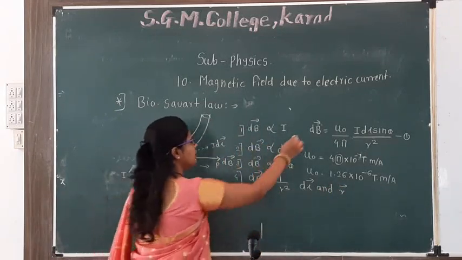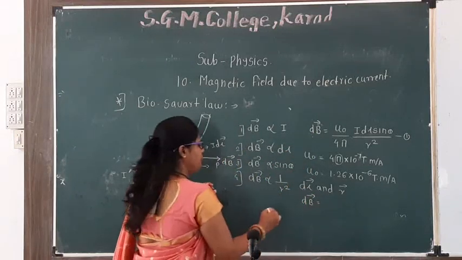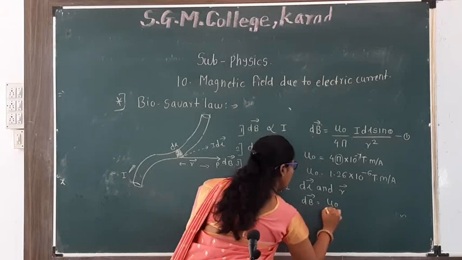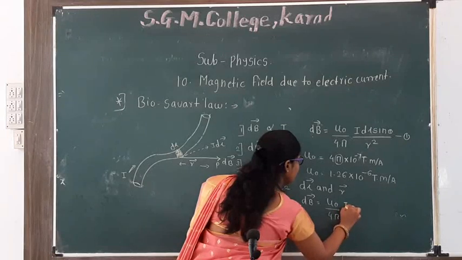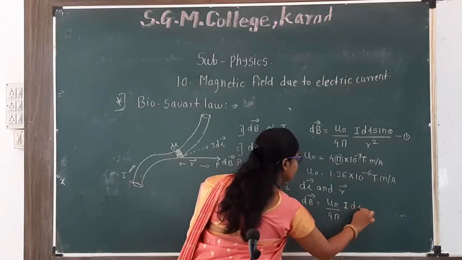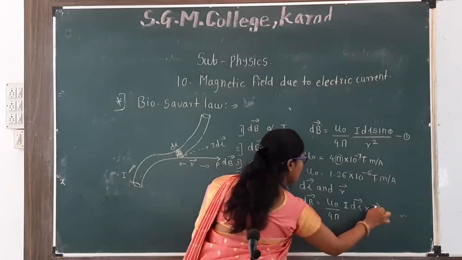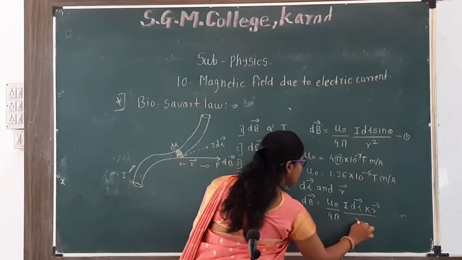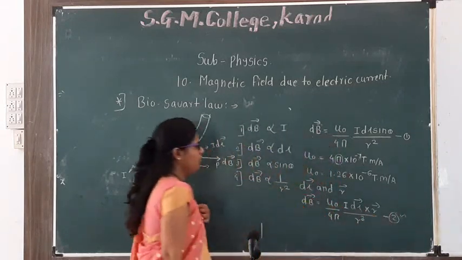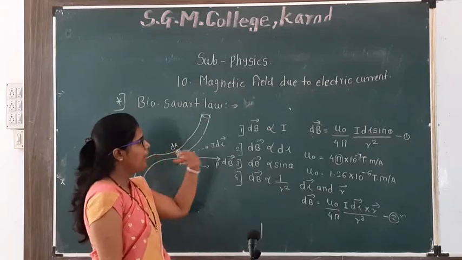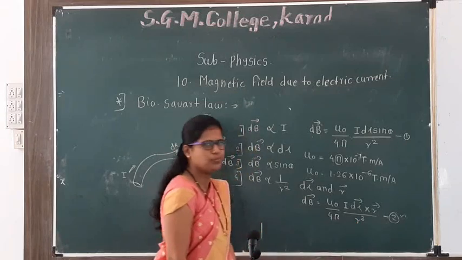So we can write vector dB is equal to mu 0 upon 4 pi I vector dl cross vector r upon r cube.